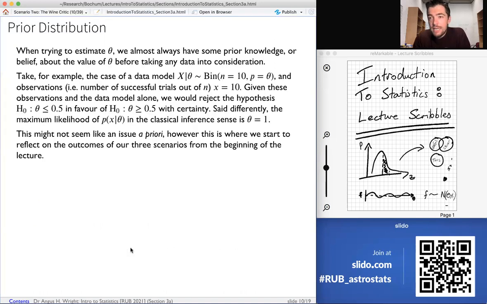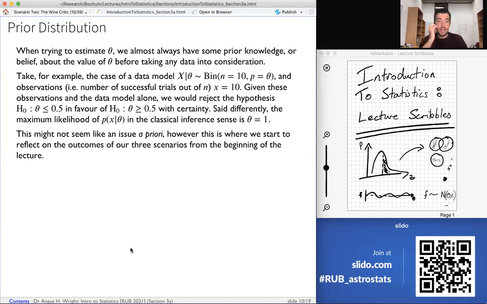When we're trying to make an estimate of some parameter theta, we almost always have some prior knowledge, some prior belief about the values that theta can take.